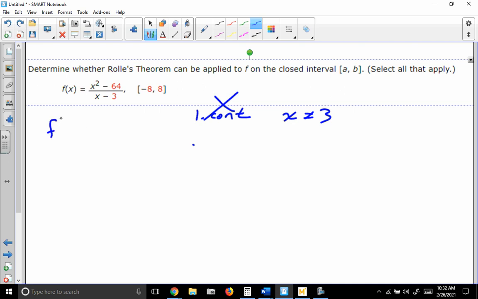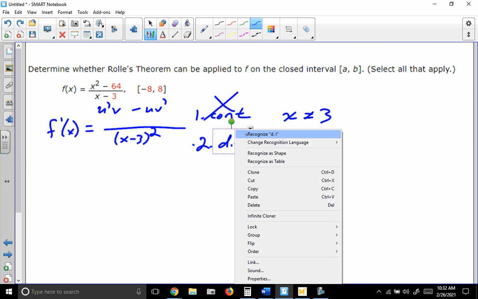Once we take the derivative of this, we would have to use the quotient rule. So we would have u prime v minus u v prime. And on bottom, we would have x minus 3 squared. Notice this function is not differentiable when x is 3.